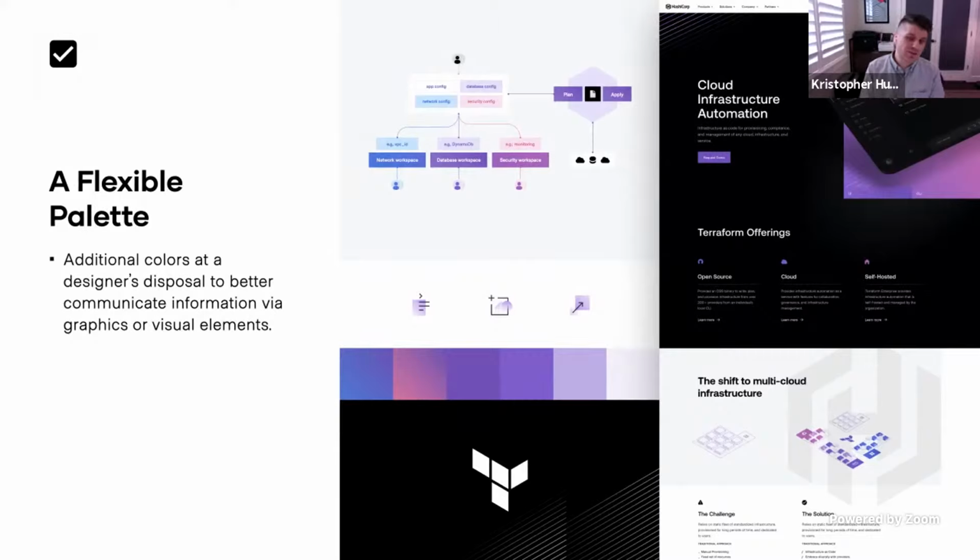The challenge before was, if I use purple, everything's flat. If I start trying to introduce other colors, that's a really complex problem, because then it starts feeling like, if you're introducing green, it's Nomad. And that's not the case. We wanted to use these gradients and these multiple colors so that they feel consistent across the entire ecosystem of Terraform, but offer more at your disposal to work with.